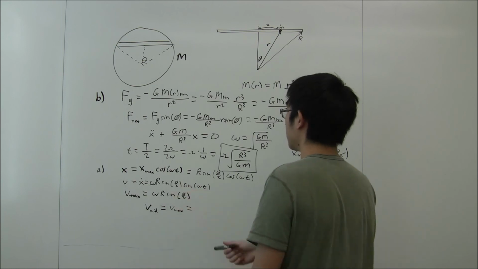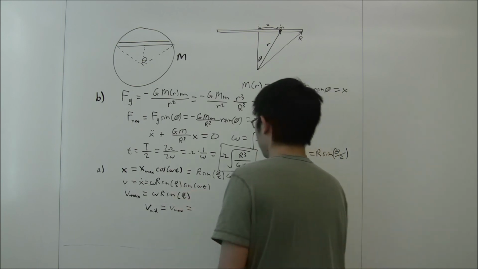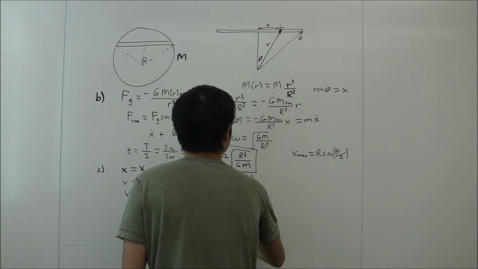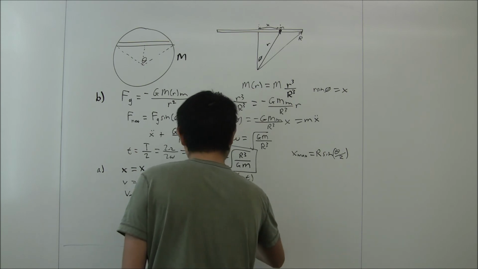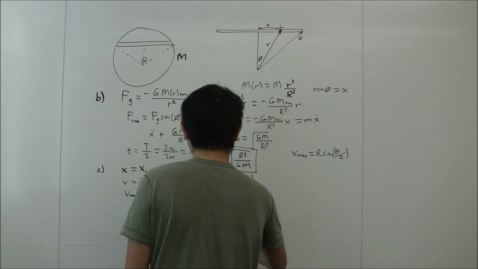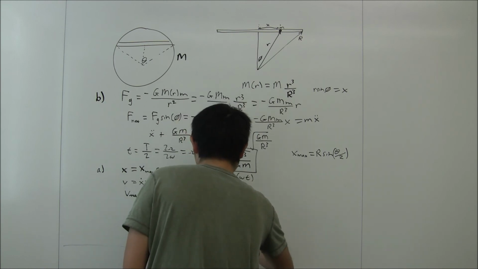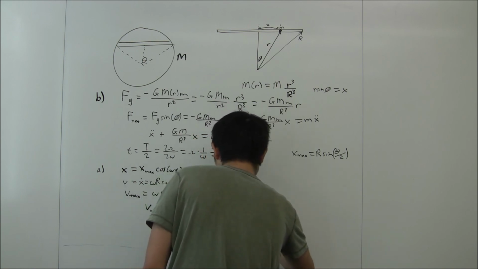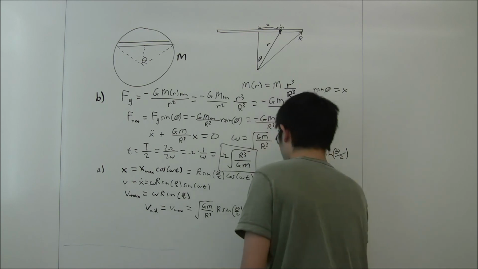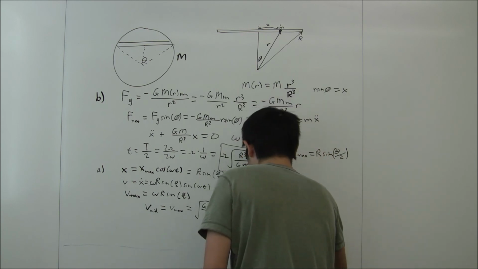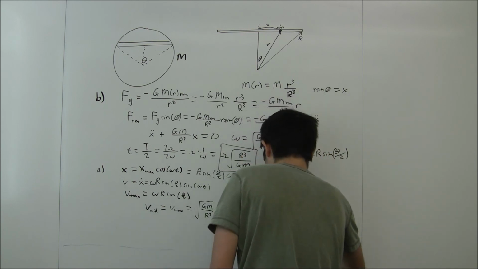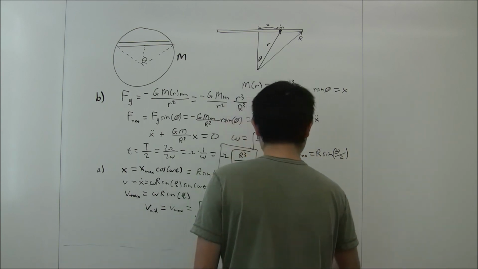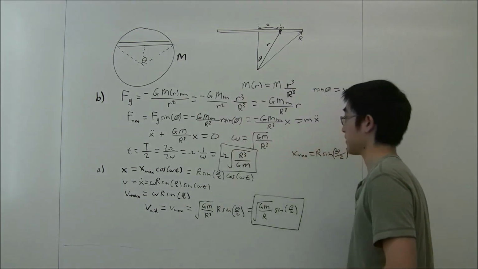And if you plug in for omega, which we found in part B, we're going to get that our velocity is the square root of big G times big M over big R cubed times big R times sine of theta over 2, which simplifies to square root of big G times big M over big R times sine of theta over 2. So that's our final answer for part A of the problem.